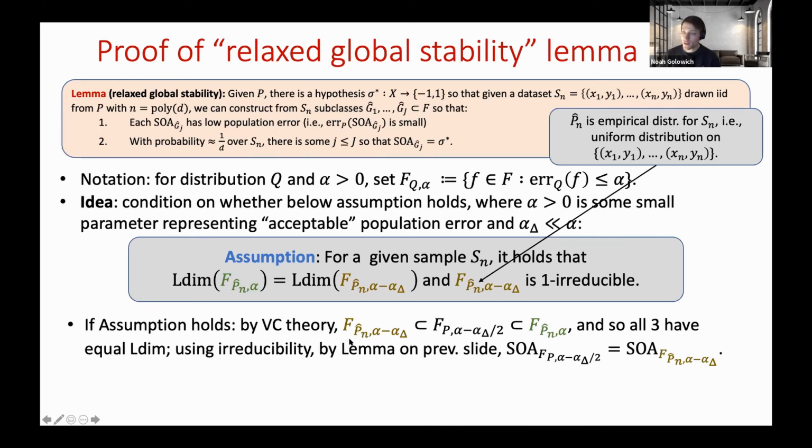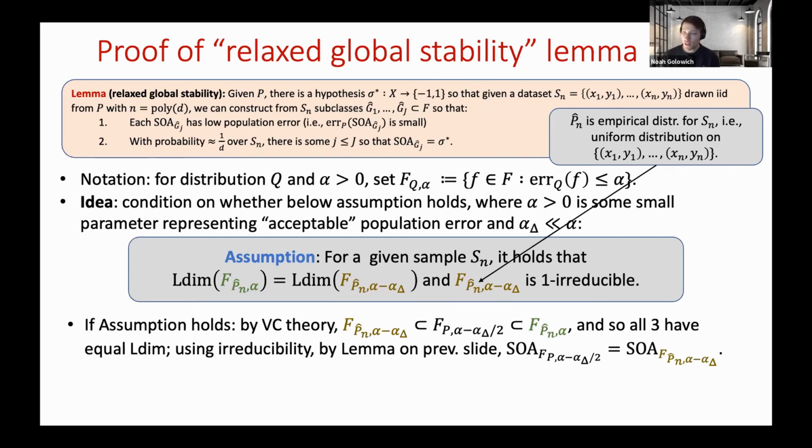First of all, the set of hypotheses with empirical error at most alpha minus alpha delta is included in the set of hypotheses with population error at most alpha minus alpha delta over 2, which in turn is included in the set of hypotheses with empirical error at most alpha. And the reason these inclusions hold is we're just using uniform convergence with error parameter alpha delta over 2. And uniform convergence applies in this case because VC dimension is always bounded above by Littlestone dimension.